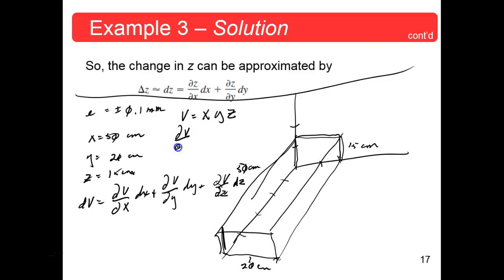So the partial of V with respect to x would be yz times delta x plus xz delta y plus xy delta z.